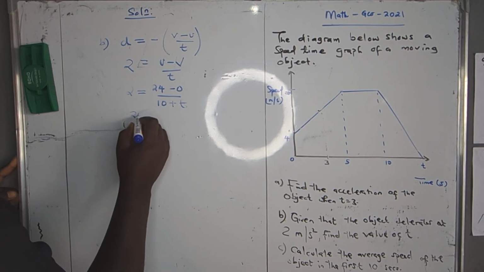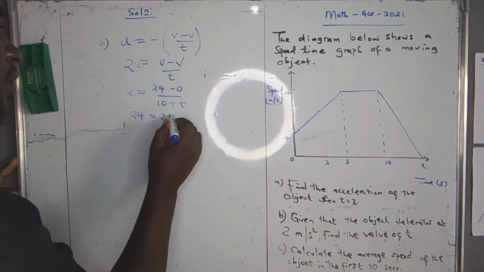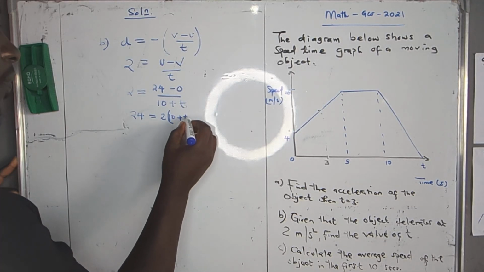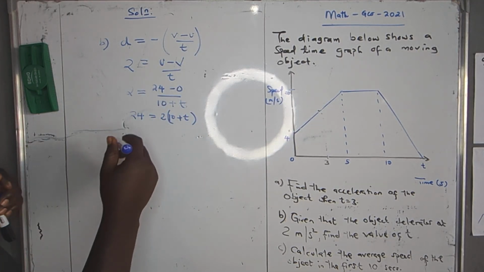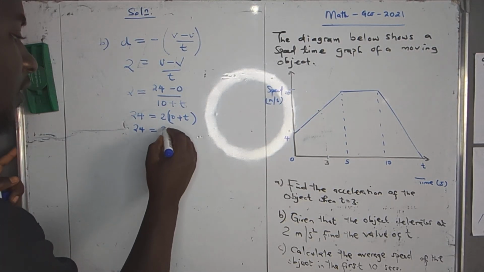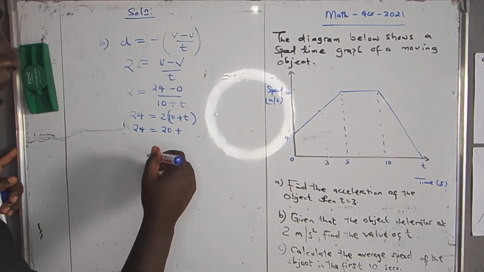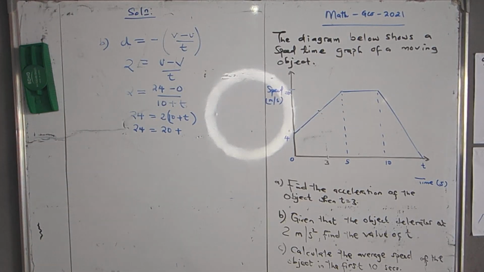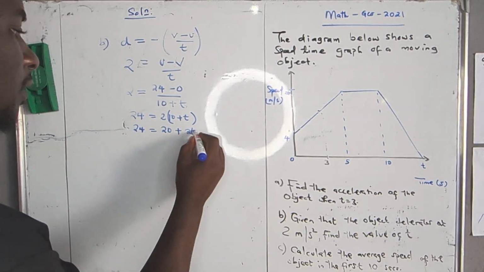So what we're going to have is 24 is equal to 2t. You see now? This 2 is multiplying with everything, so you want to put them in brackets. So this 24 is equal to 20 plus 2t.